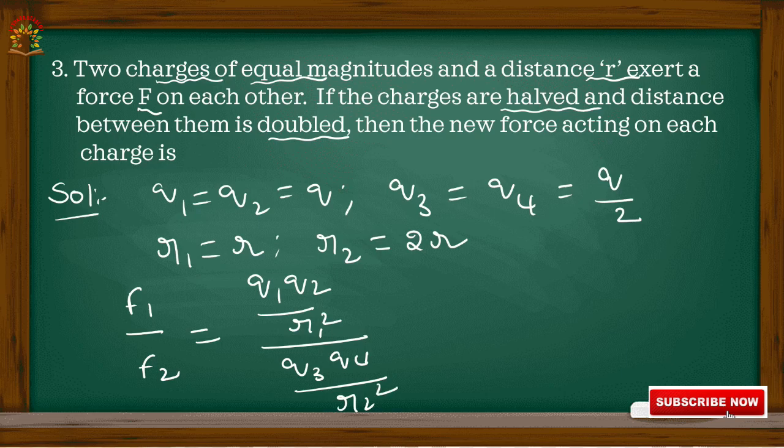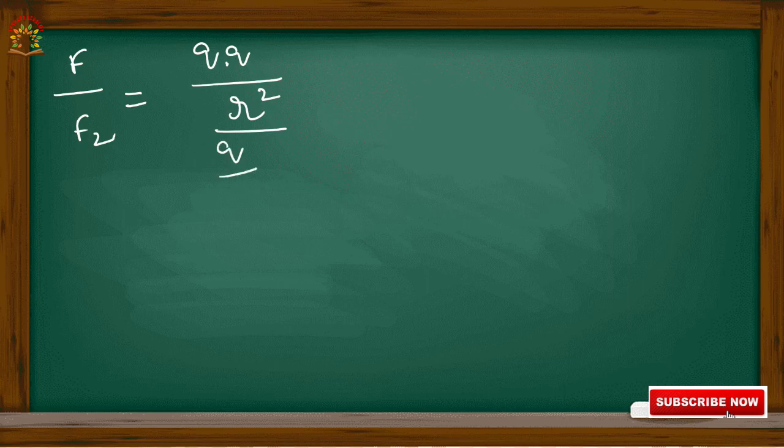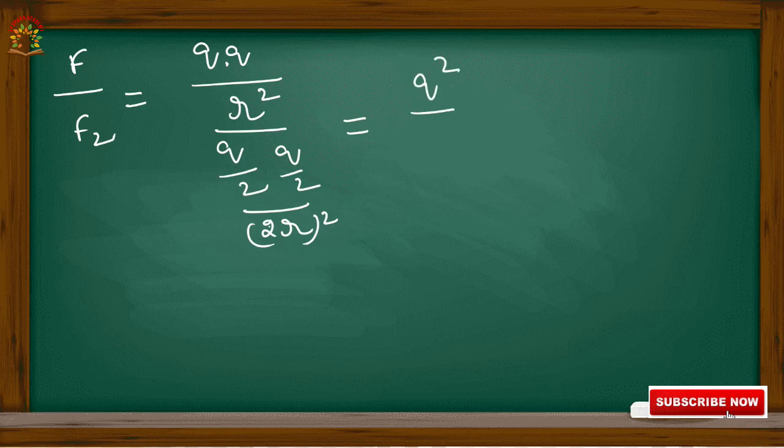Substituting values, F1 by F2, with F1 as F, is equal to Q1 Q2, that is Q into Q, by R square, divided by Q3 Q4, that is Q by 2 into Q by 2, by 2R whole square. Taking the reciprocal, 4R square by R square, Q square by 4.